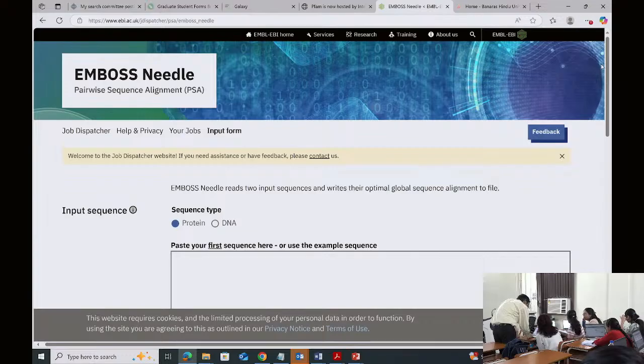Okay, let's keep going. Just type myoglobin, and then select protein, because the question is about protein. So protein, and then myoglobin. Okay, good.